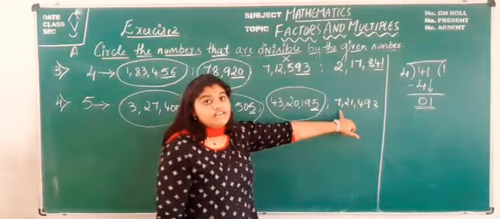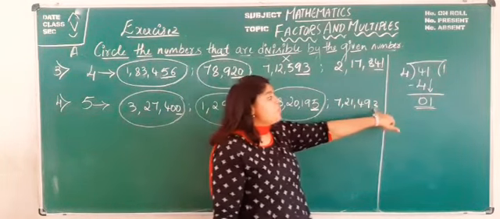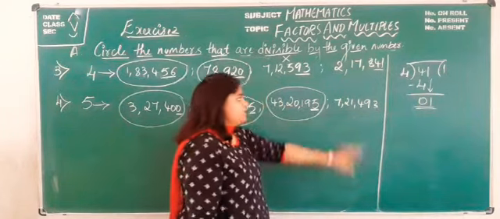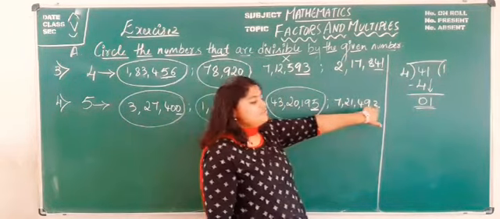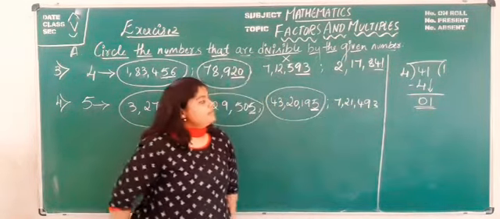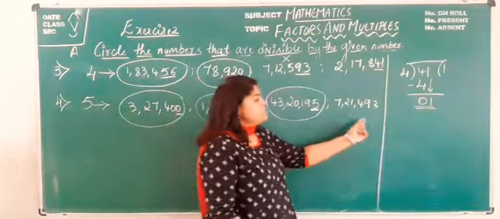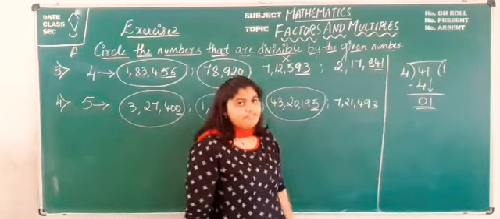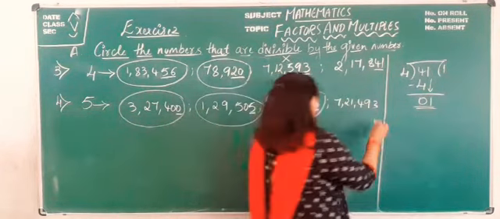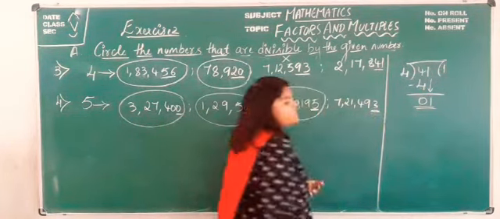Next number is 7,21,490. Is the given number divisible by 5? No, the given number is not divisible by 5 because here the last digit is 3.